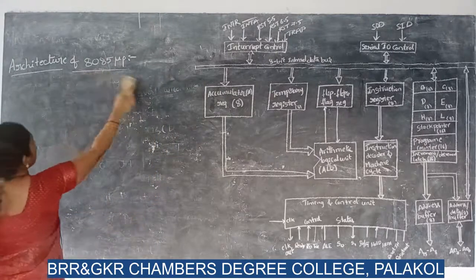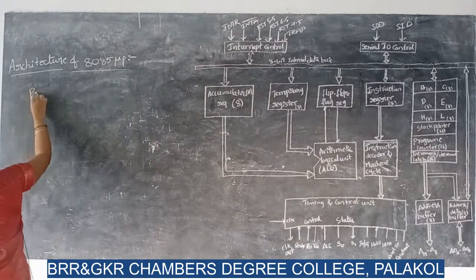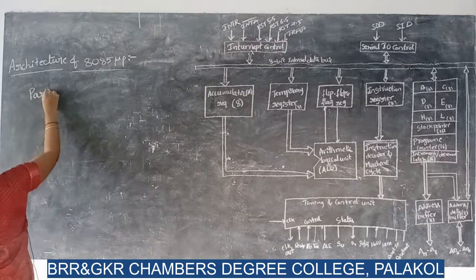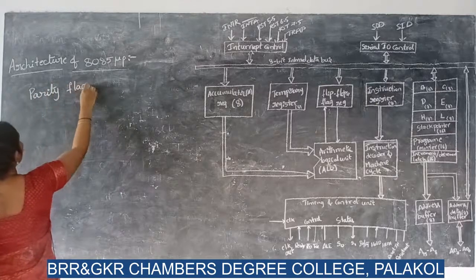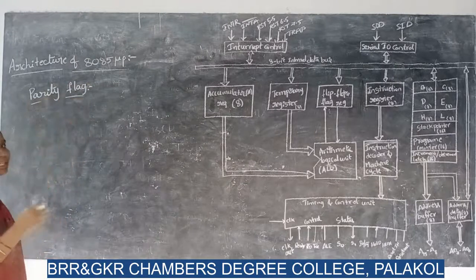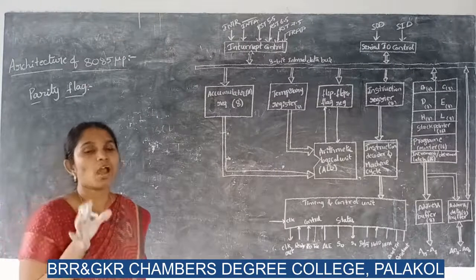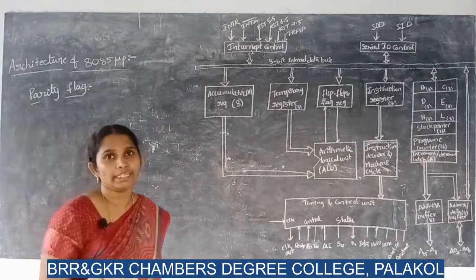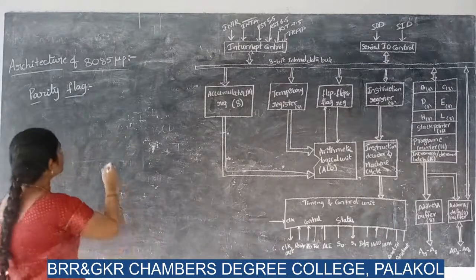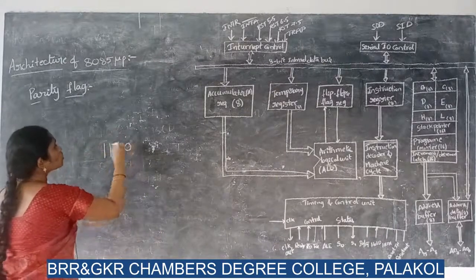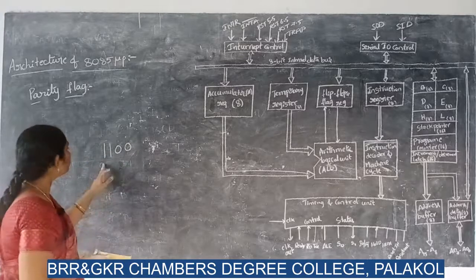And after that, the parity flag. The parity flag is defined by how many ones are present in the accumulator. So for example, I consider a number. Here in this number, how many ones are there?